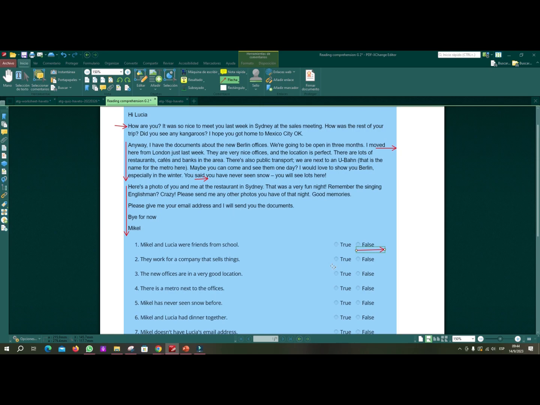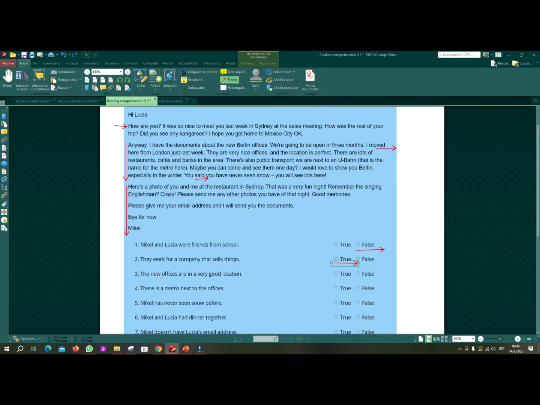Number 2, they work for a company that sells things. False? True. That is true, right? So that would be true, Mr. Brown. Okay, nice, Miss Jackie. So they work for companies that sell things because they are also looking for offices, right? So that's great. What about this one?